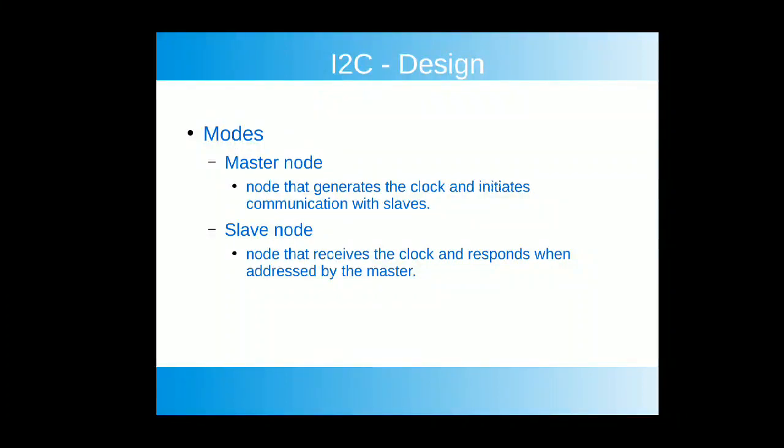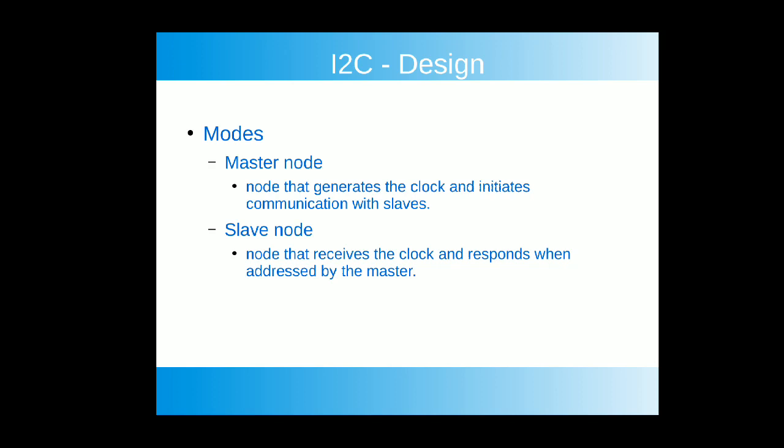I2C has two modes of operation. The first one is master mode and the second one is slave mode. In the I2C protocol, only the master is capable of generating the clock and initiating communication. So in master mode, the master will generate the clock and initiate the communication with the slaves. And the second mode is called slave mode.